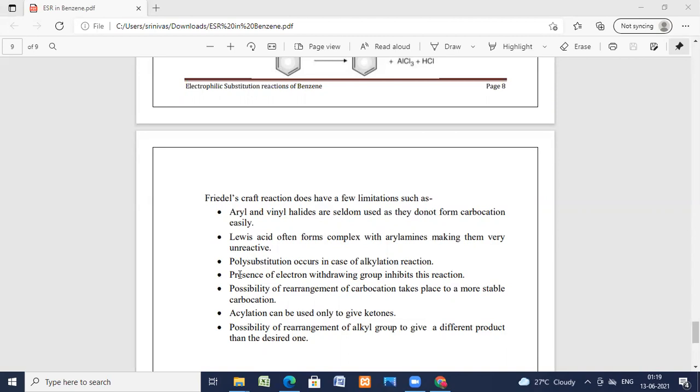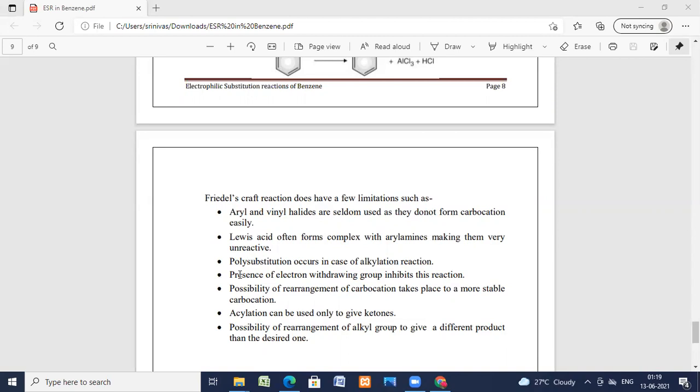And for the two-step mechanism also you have evidence. All electrophilic aromatic substitution reactions proceed in two steps, and this has been proved by the isotope tracer technique.